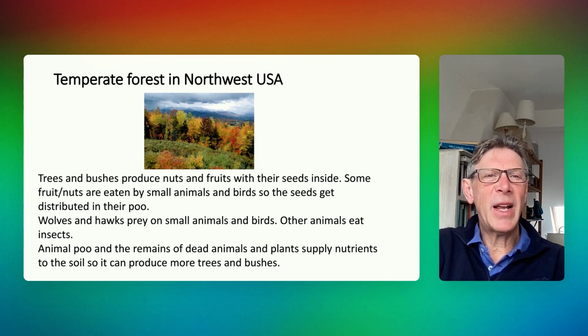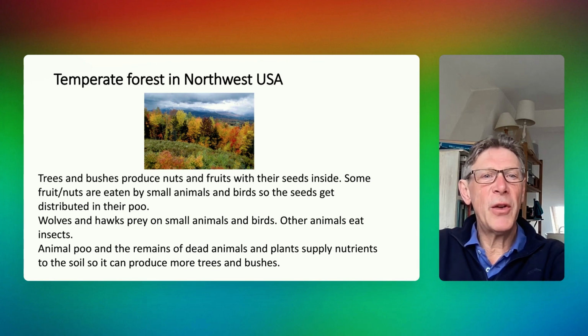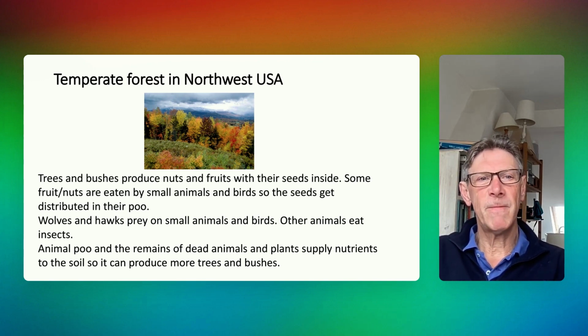So it's really quite a clever way for the trees and bushes to distribute their seeds over a wide area. Wolves and hawks, which are birds of prey, will eat these small animals and birds. The small animals and birds might also, as well as eating nuts and fruits, eat insects.